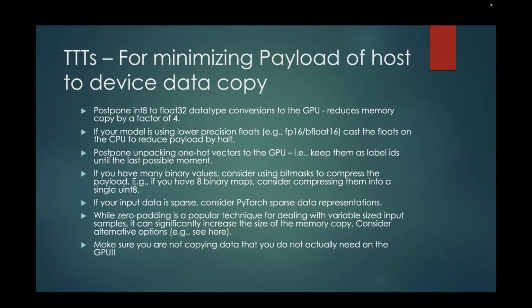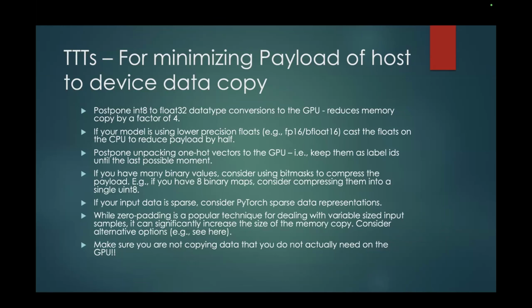If you're using a lot of binary values, then you might consider using bit masks in order to compress them. You can consider using sparse data representations that PyTorch has developed over the past few years, and we have found that they're increasing in performance and utility. Try to avoid zero padding if you can.